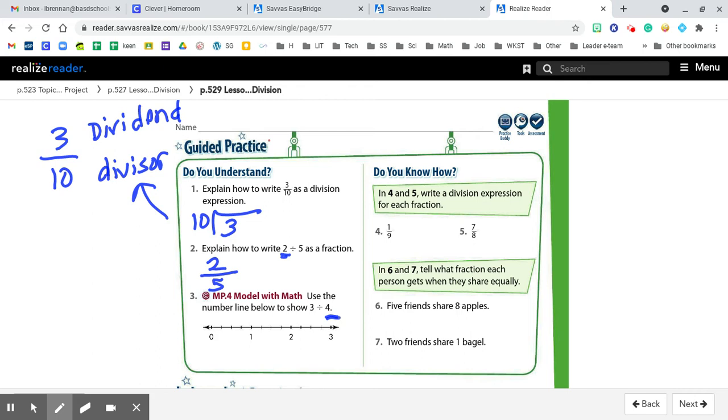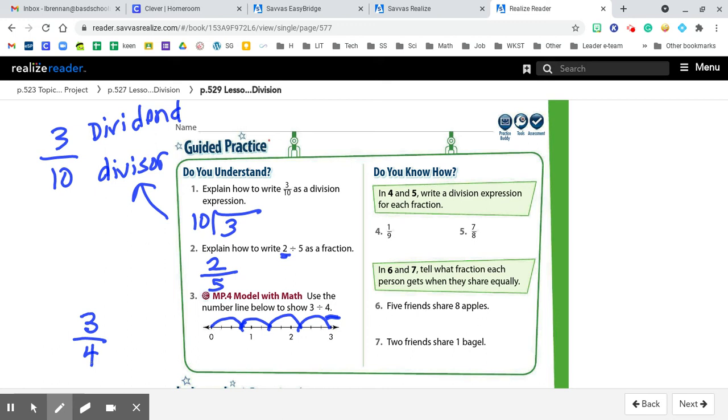We're going to count off 3: 1, 2, 3. So 3 divided by 4 is going to be 3/4.